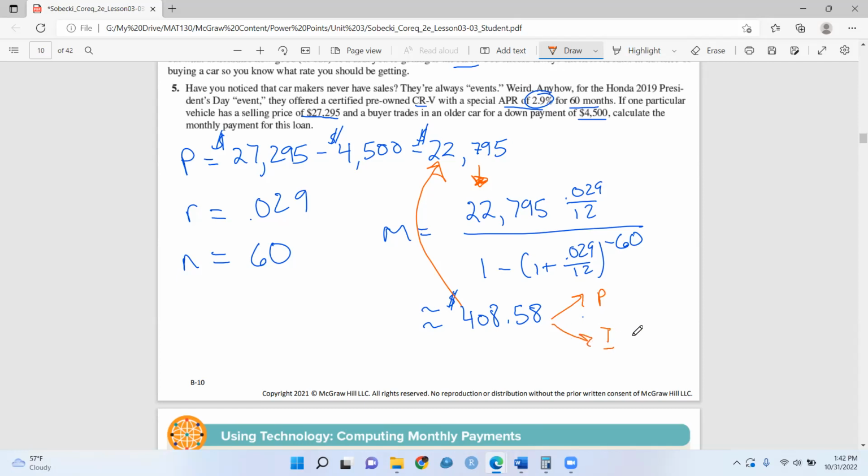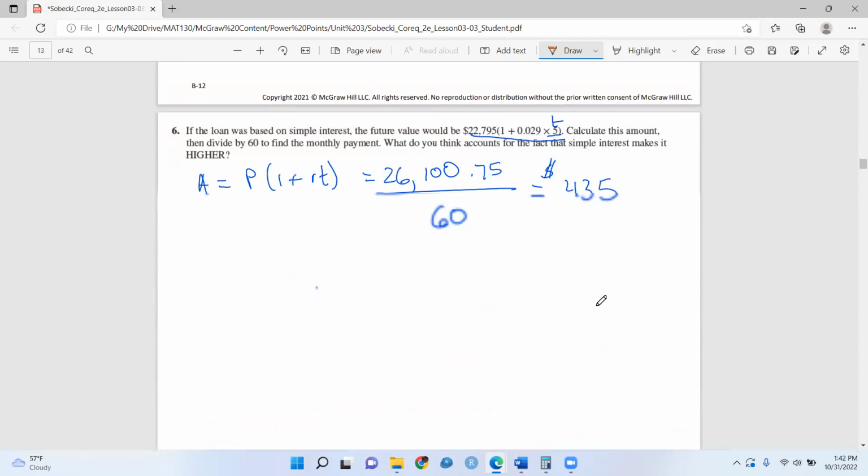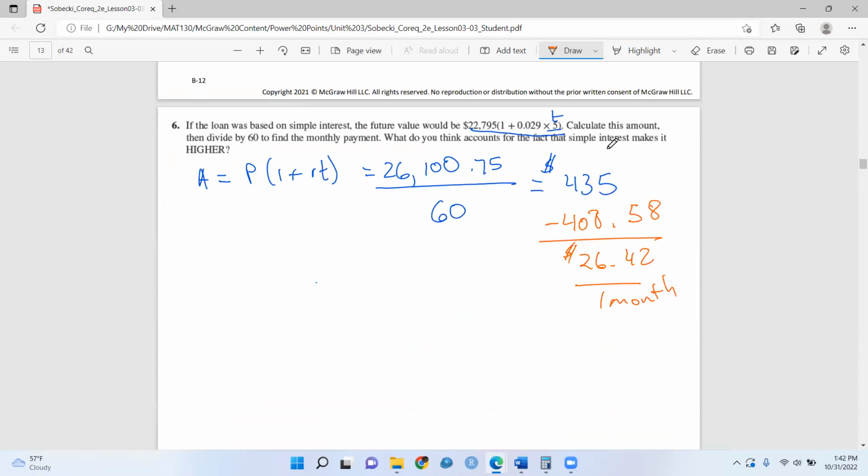And at the beginning, it's like all interest. And then eventually it flips and the principal gets paid down and you get charged less interest over time. So it's a diminishing amount of interest. Whereas if it was a straight simple interest formula, they calculate the fixed monthly charge off of this and it never decreases. That's where that extra comes from.